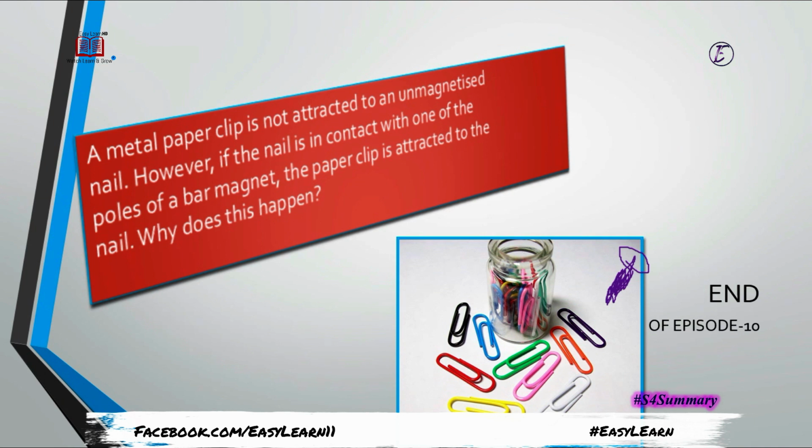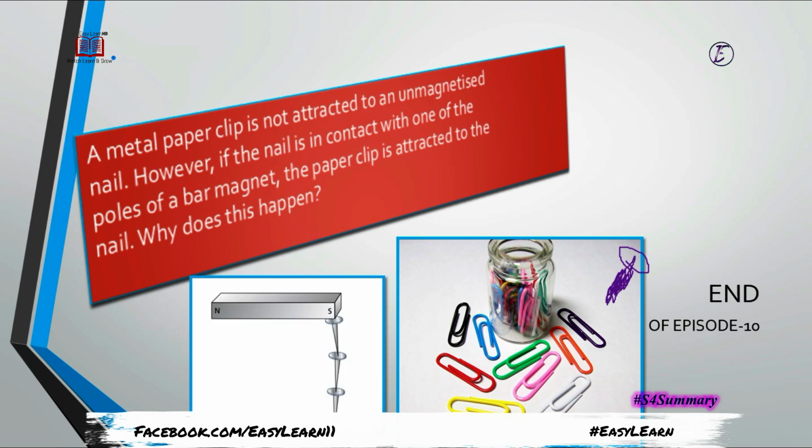Its presence has a negligible effect on it. But in a different scenario, I attach the nail to a magnet. Although I am not magnetizing the nail directly, if I bring it closer to the paper clip, then the paper clip attaches to it.